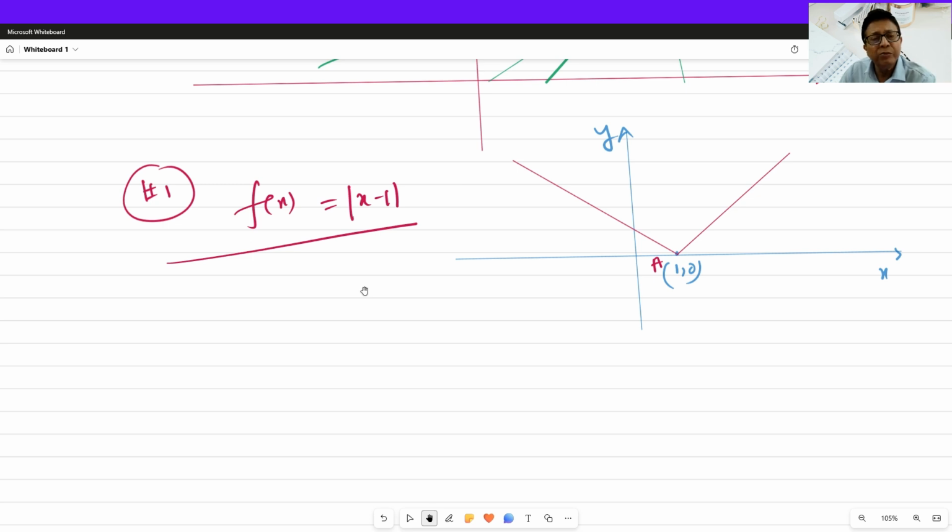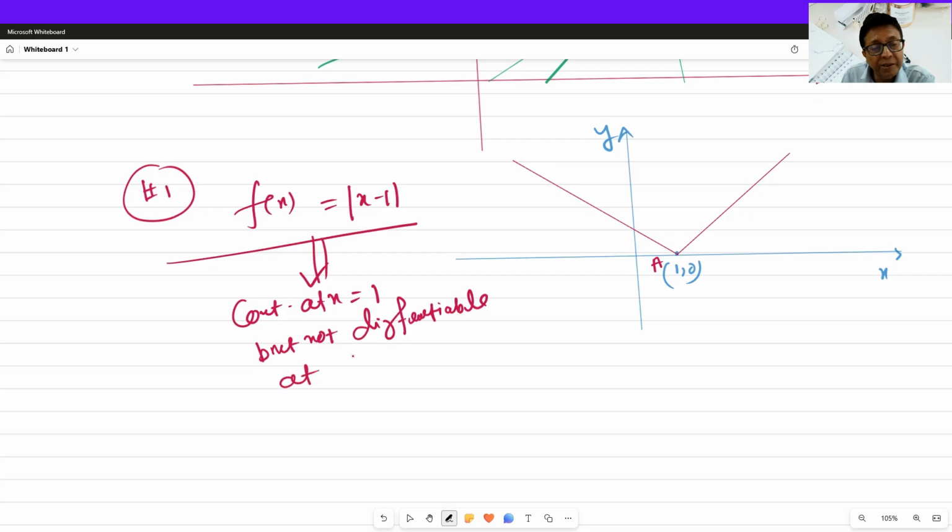The case is true for mod 2x plus 1. Everyone will say it is continuous, I know. You are saying not differentiable. Yes, a continuous function like this, it is continuous at x equal to 1, but not differentiable there.